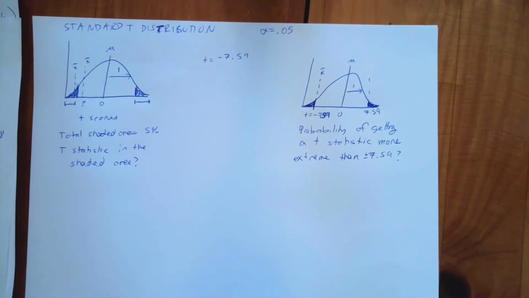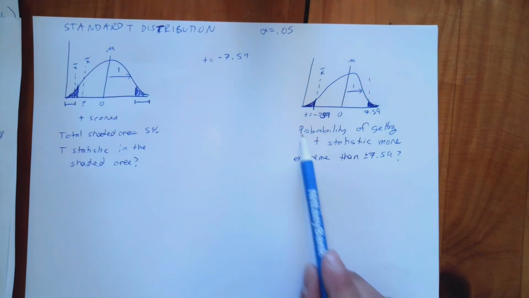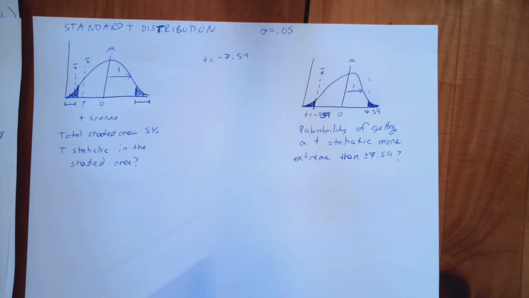So in other words, what's the probability of getting a t-statistic that's more extreme than 7.59 on either side?